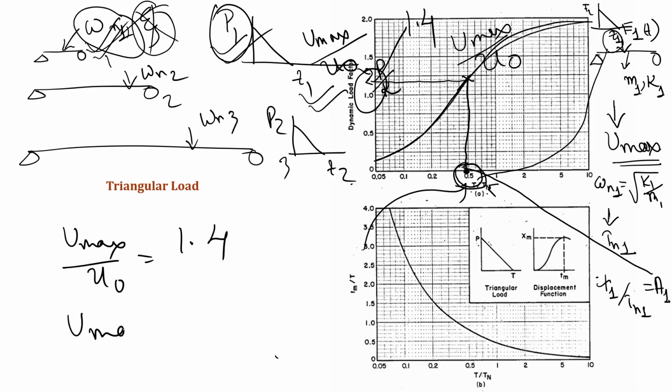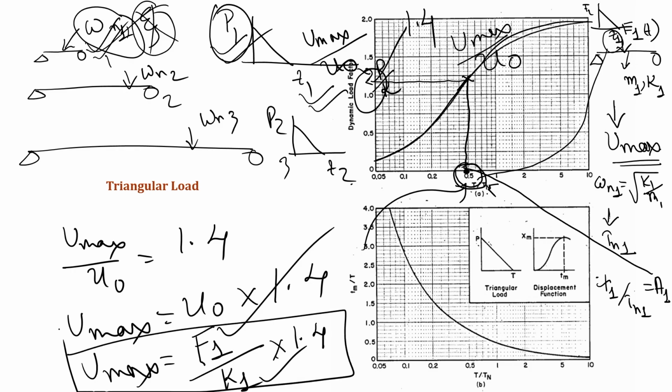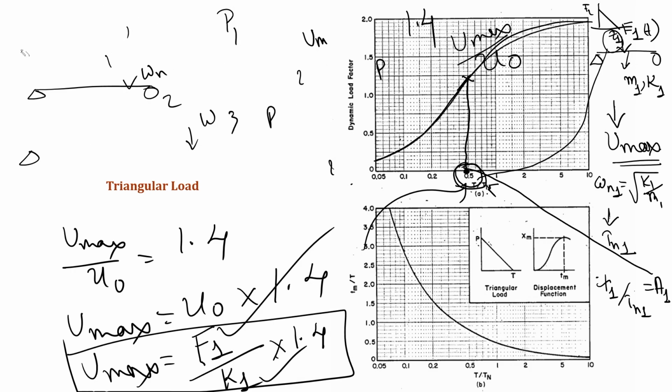So, u max equals u naught times 1.4. The value of u naught is nothing but f1 divided by k1, times 1.4. I know the value of f1, I know the value of k1, and hence I can calculate the value of u max.